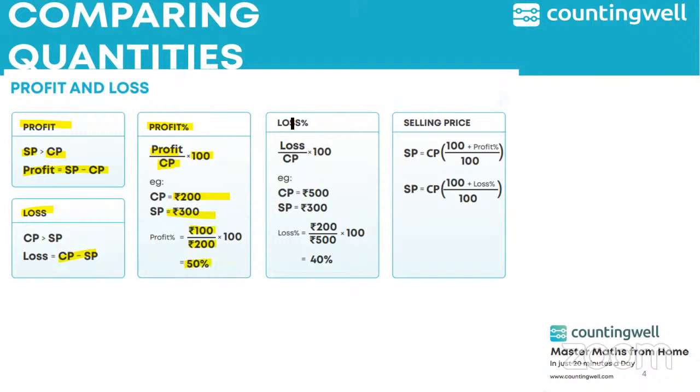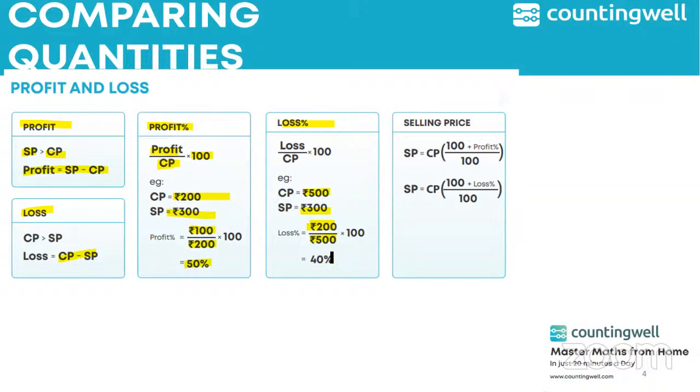Let us see what is loss percentage. Loss is nothing but cost price minus selling price, because the cost price will be greater than the selling price. So we first calculate the loss. It is cost price minus selling price, which is 500 minus 300. So we have 200. Since the loss percentage is calculated on the cost price, we have cost price in the denominator multiplied by 100.